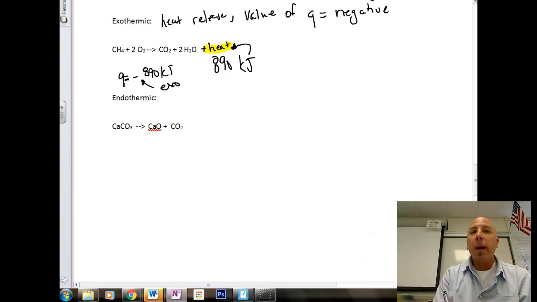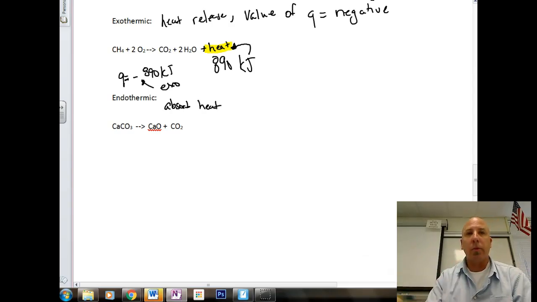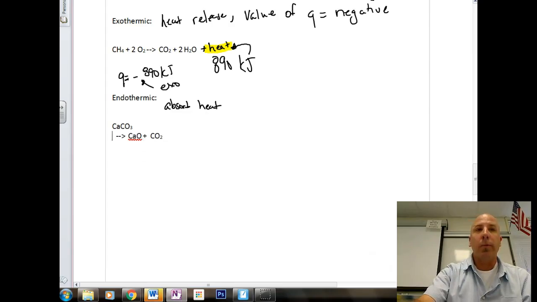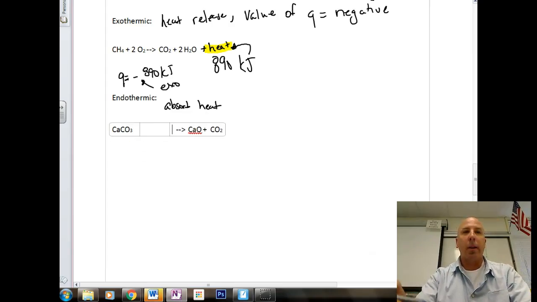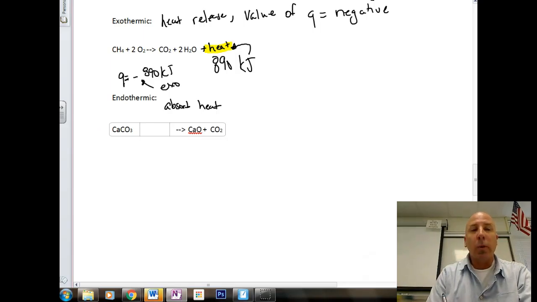Now, what happens with an endothermic reaction? Endothermic reactions, again, are going to absorb heat, which causes the reaction to proceed. And in this case, we have calcium carbonate decomposing into calcium oxide and carbon dioxide gas. And so a couple of ways that we can show this: we're going to actually put our heat on the reactant side.